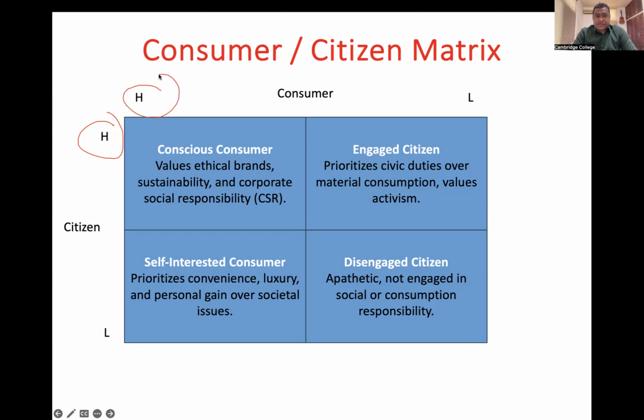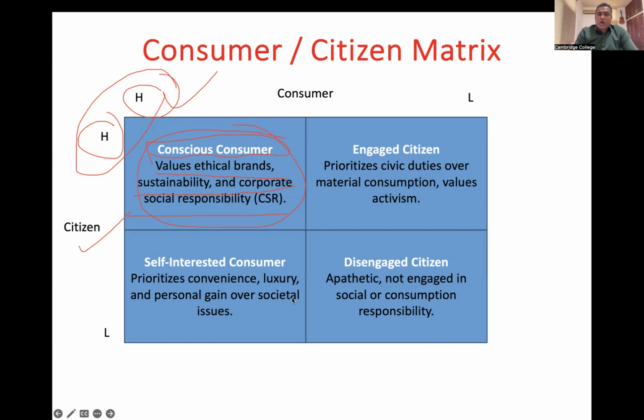That is called the conscious consumer. High and high. You value ethical brands, sustainability, and corporate social responsibility. So your citizen is high, consumer is also high in terms of your focus. That's a conscious consumer. So you believe as a citizen you have a responsibility, as a consumer also you have a responsibility. So only you buy those kinds of products, right?